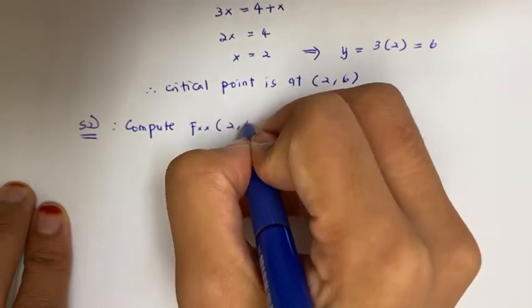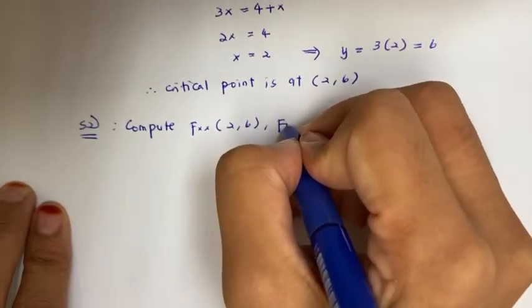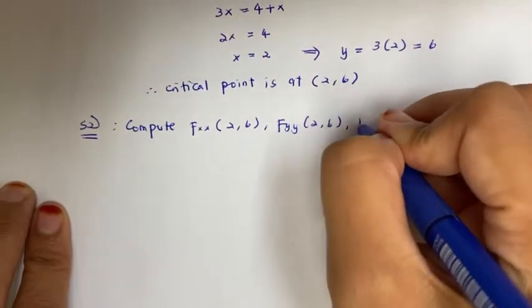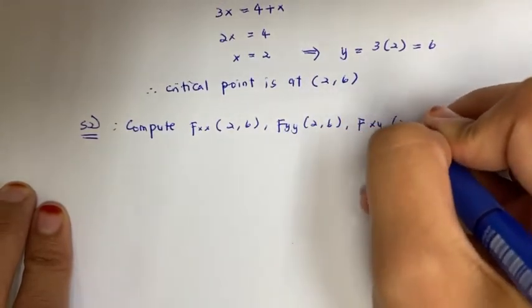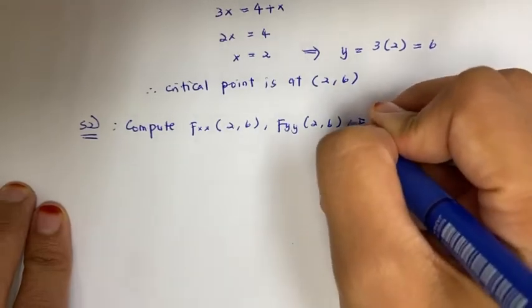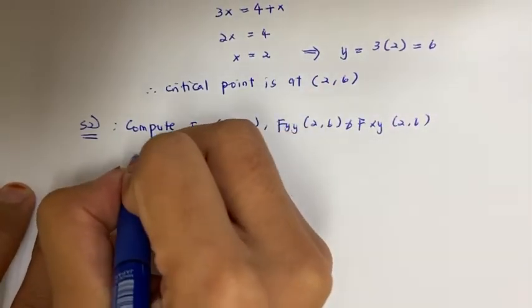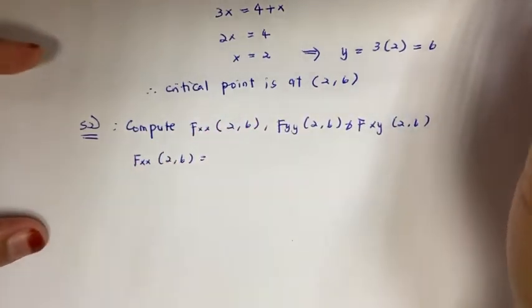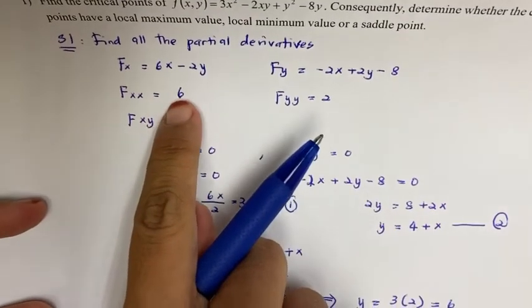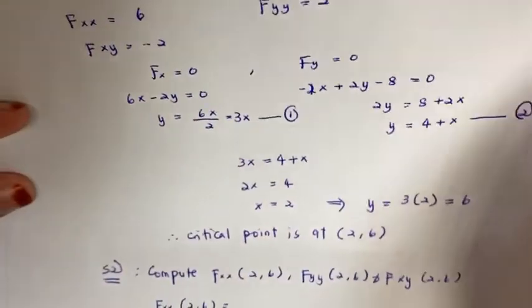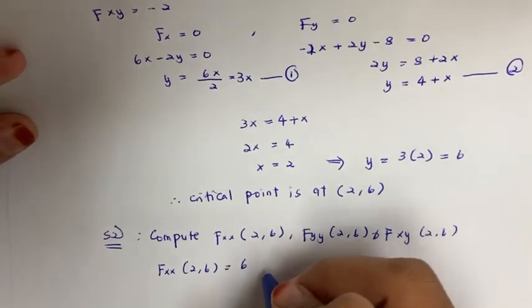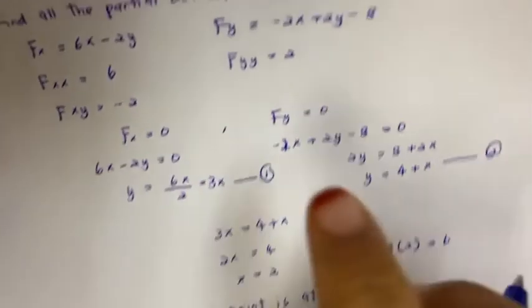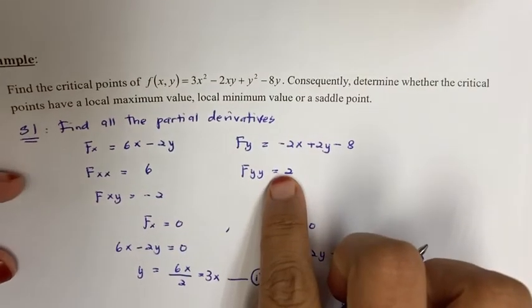So fxx at 2, 6: fxx is 6, so substituting 2, 6 it is equal to 6. fyy at 2, 6 is equal to 2, substituting the values of x and y.